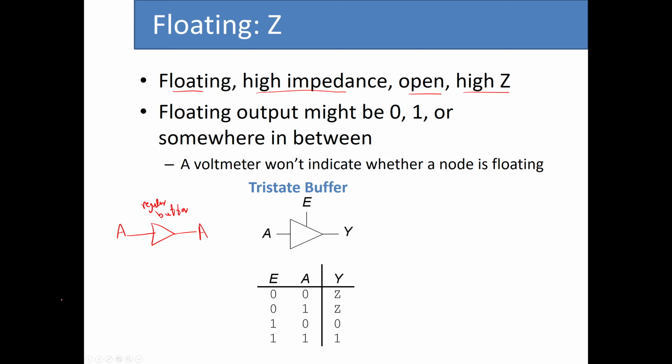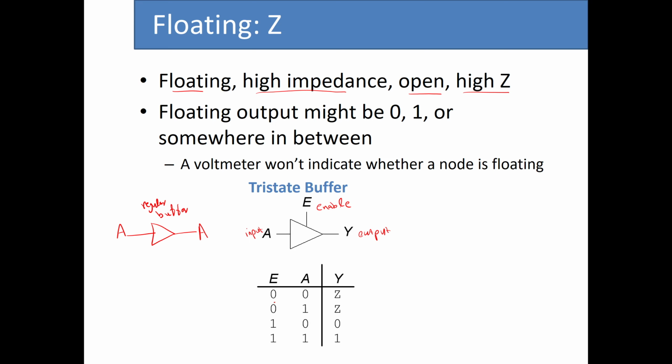We can have a tri-state buffer in which we have this input A, this output Y, and then this additional input, which we usually call the enable signal, which determines whether this buffer is even on or off, right?